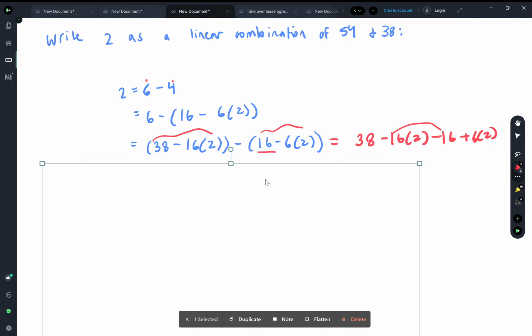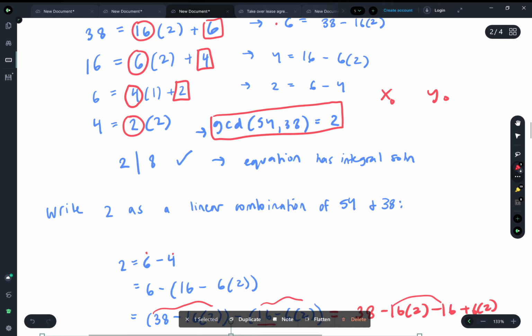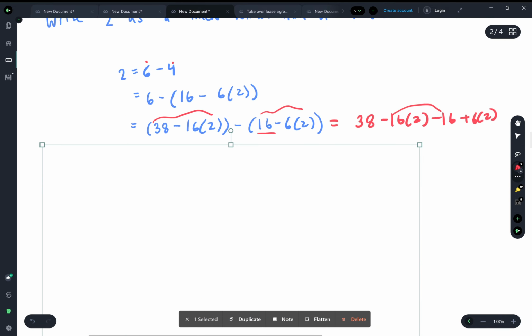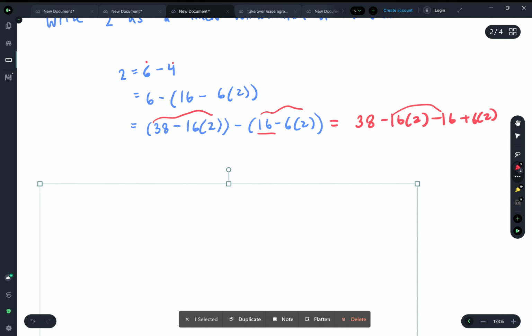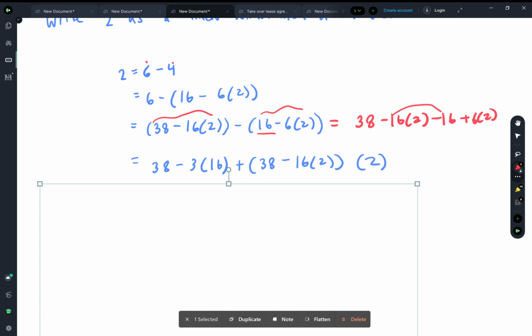And we can also replace this 6 with this 38 minus 16 times 2. So we have 38 minus 3 times 16, by combining the 2 times 16 and the minus 16, plus replacing the 6 with 38 minus 16 times 2. And that is our new polynomial.